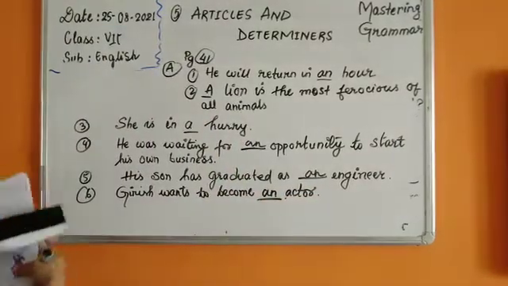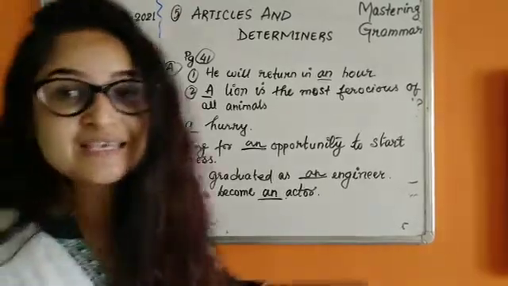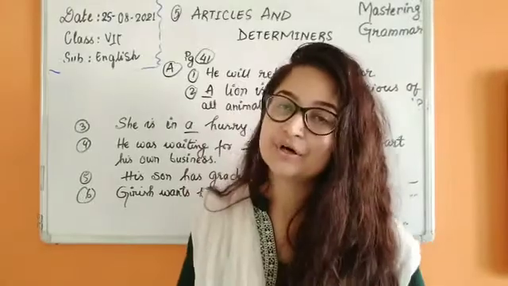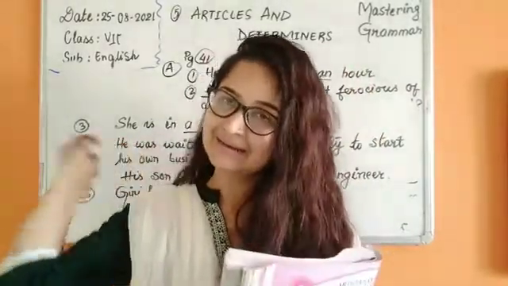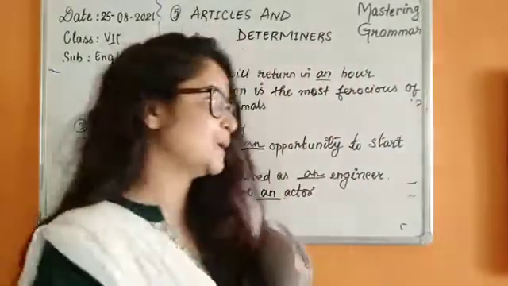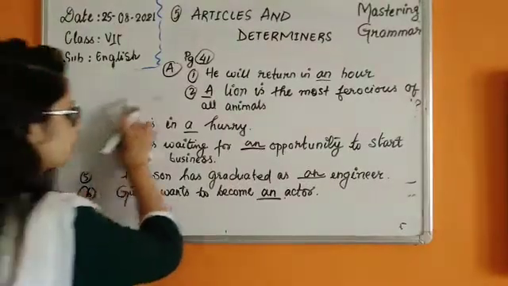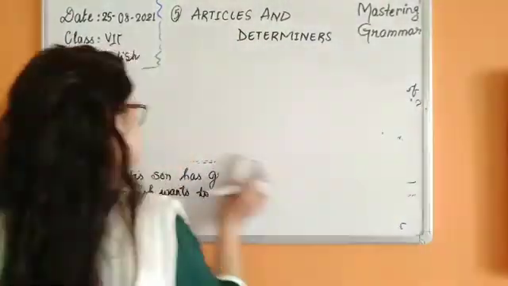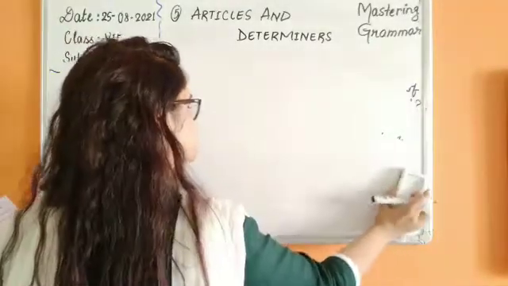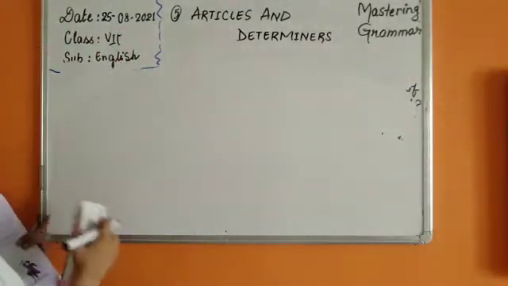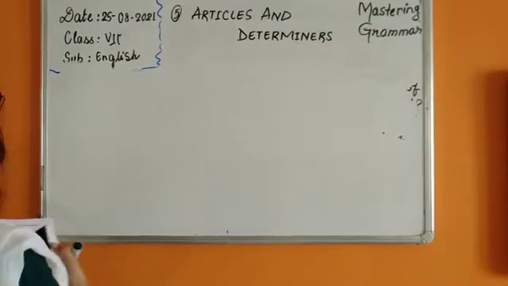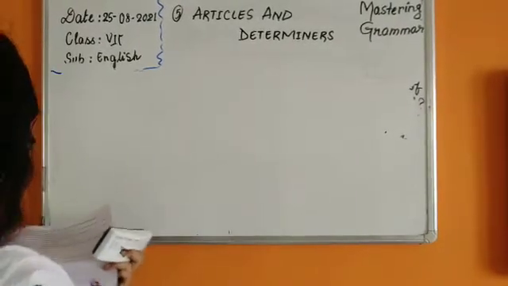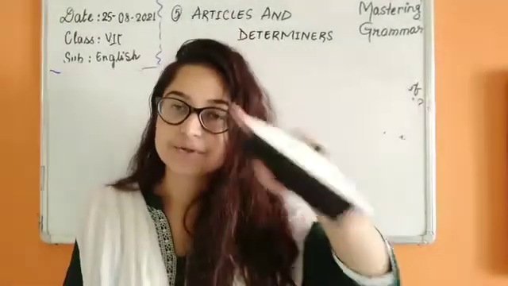Okay children, with this we have finished the exercise on a and an. Now moving to the next part, the article the. You have learnt about an and a, now you are going to learn about the. So let's see, I have already told you some points about the.